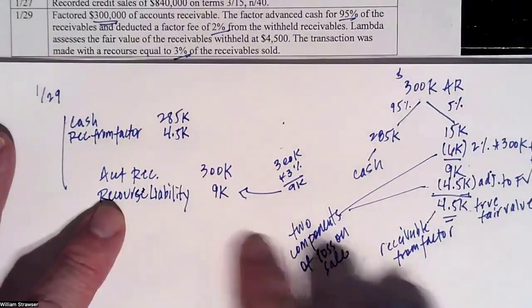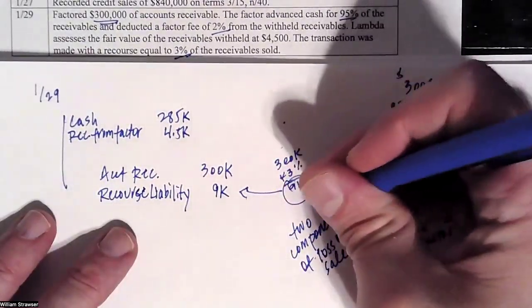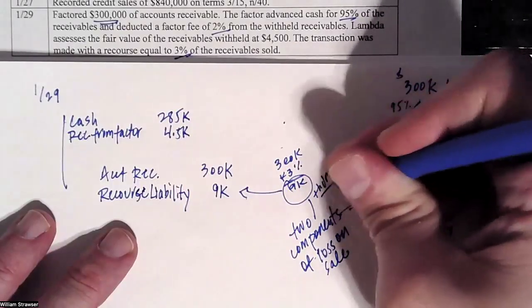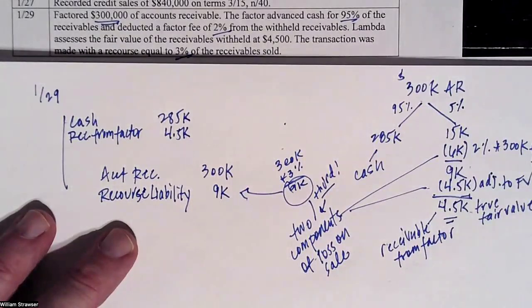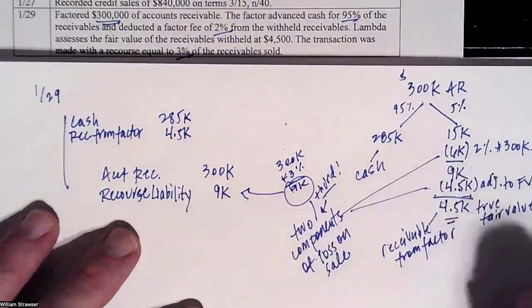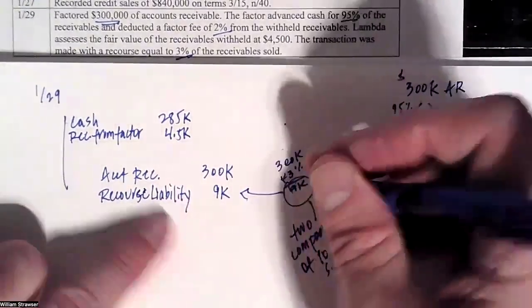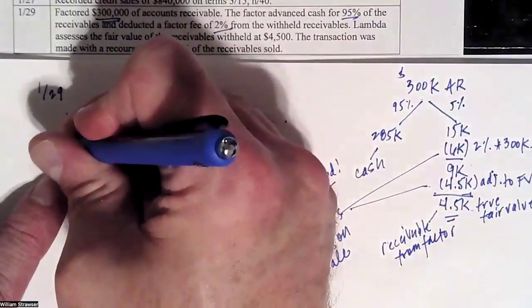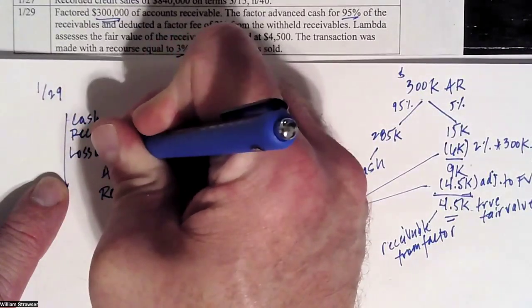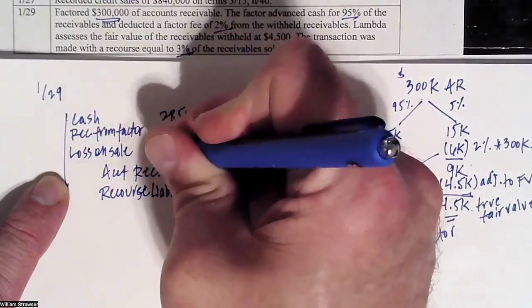Now we credit it here, and this is our third component. So these three pieces, the 6,000, the 4,500, the 9,000, combine now to give me my total loss on sale, which is 19,500.